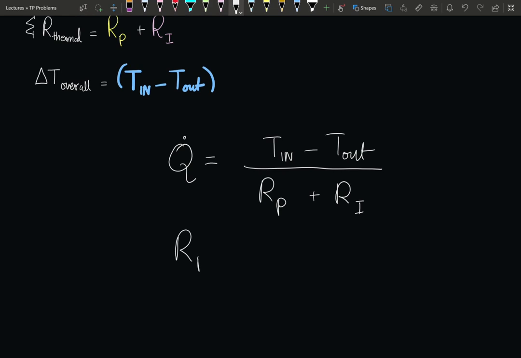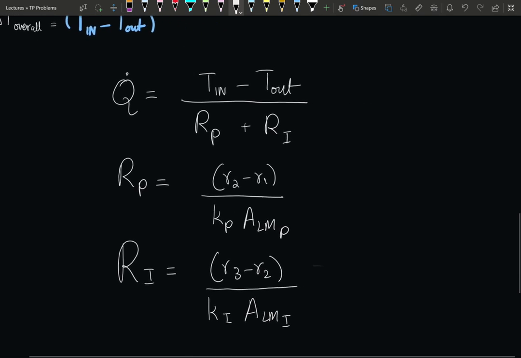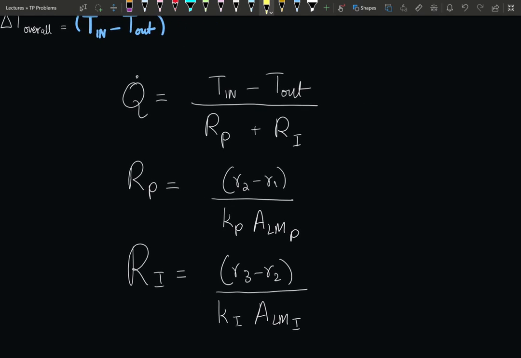The resistance of the pipe is the thickness of the pipe, R2 minus R1, divided by the conductivity of the pipe times the log mean area, P. R_I, the thermal resistance due to the insulation, is the thickness of the insulation, R3 minus R2, divided by the conductivity of the insulation. I'm essentially summarizing everything that we've done so far. And of course we need the log mean areas.